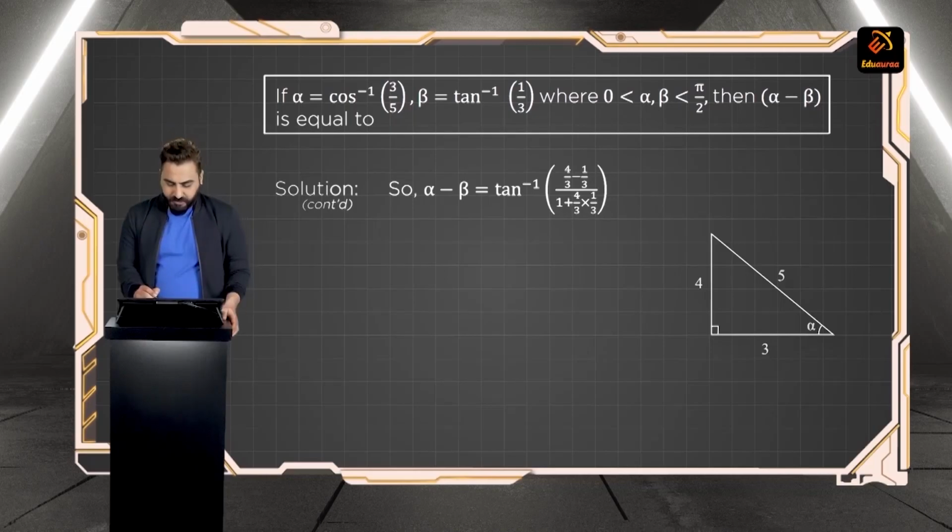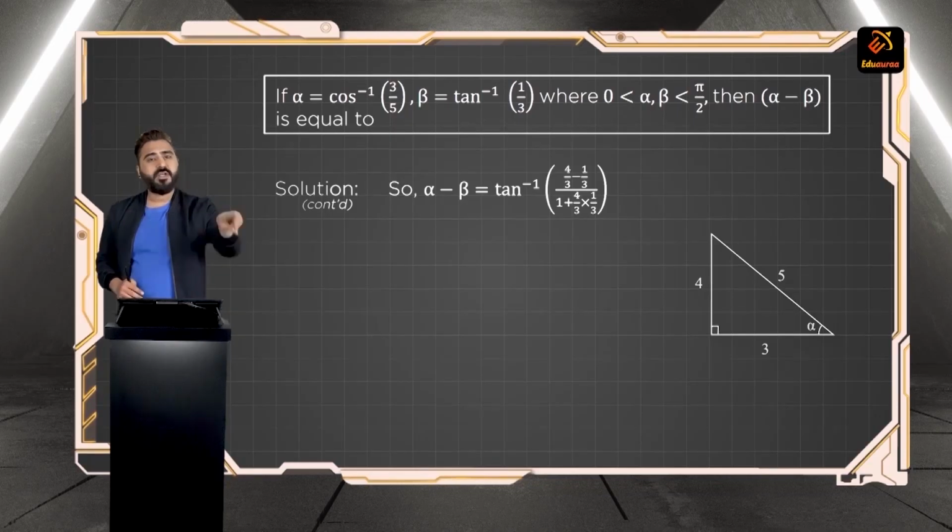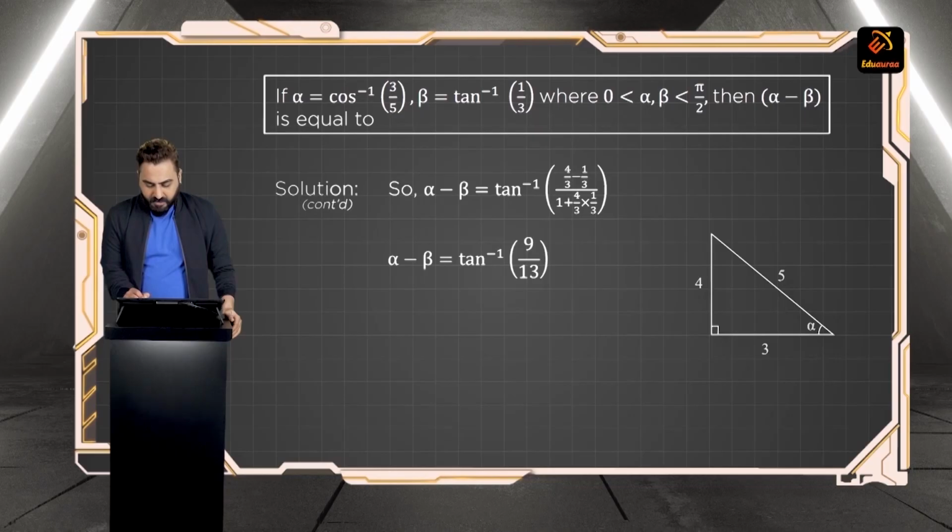So students, we will apply that formula and we get tan inverse (4/3 - 1/3) whole upon (1 + 4/3 into 1/3). So when we solve this, we get the value as tan inverse of 9/13.